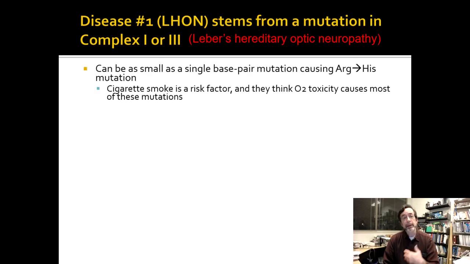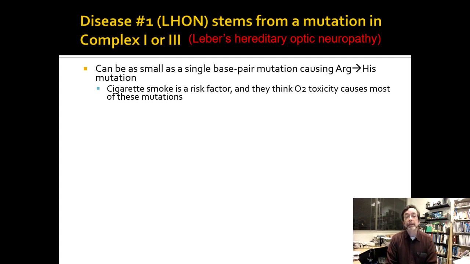The optic nerve is perhaps the most active nerve in the entire body, because there's so much information that passes down it, so much energy that needs to be made to keep that nerve running, to keep the gradients and the pulses going and things like that. So if you have a problem in your mitochondria, it will show up there first.